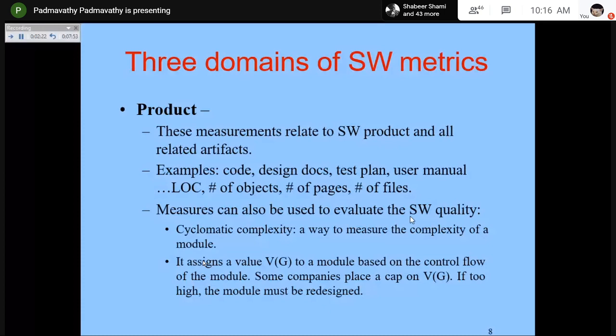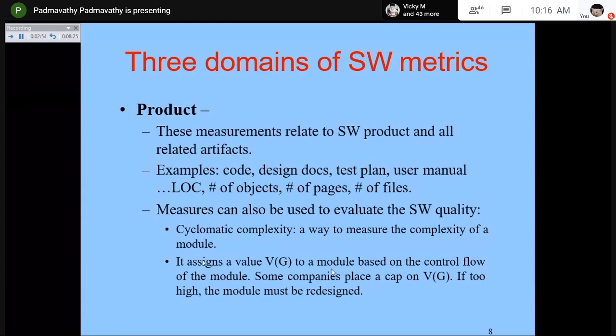So how is quality evaluated for software? Through something known as cyclomatic complexity. You will learn this in detail later. It is a way to measure the complexity of a module for the particular program that you have developed. It assigns a value called V of G to every module based on the control flow of the module, that is, the loop controls that you have.